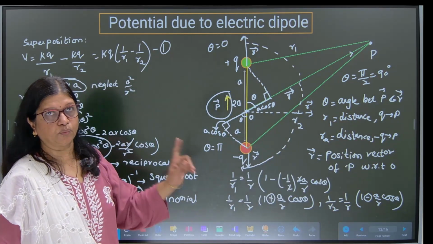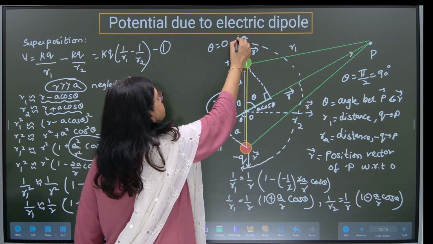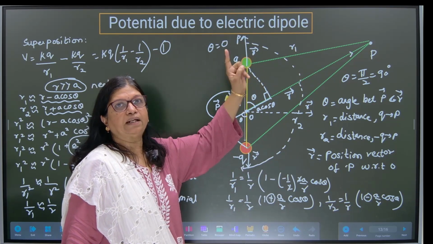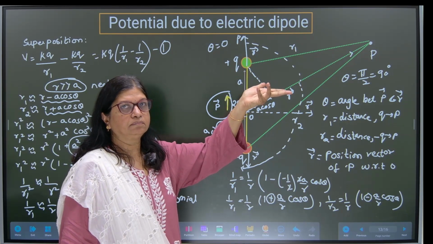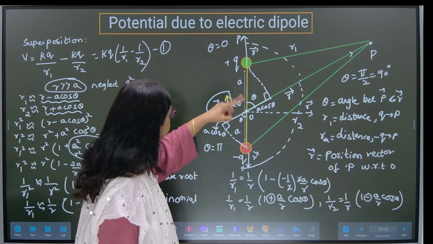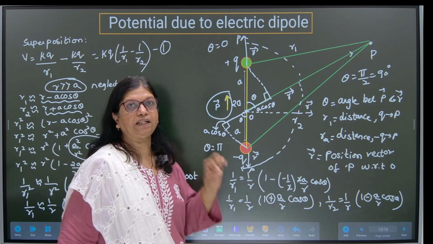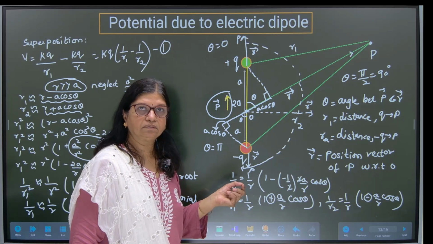Agreed? So, if P is here, theta is equal to 0 and the potential is Kp by r square. If point P is here, theta is equal to 180 degrees.